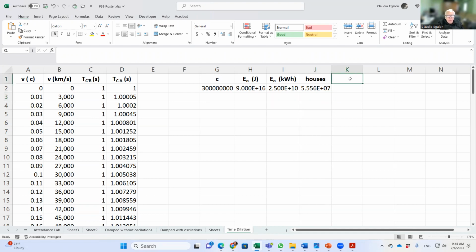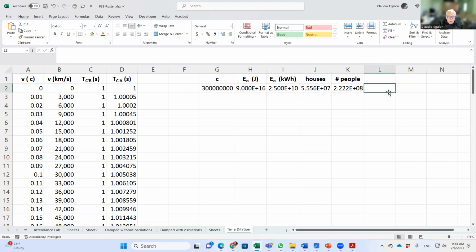Let's say each house has an average of 4 people. So we're talking about how many people? Well, let's say, 222 million people per month, providing energy for 222 million people.